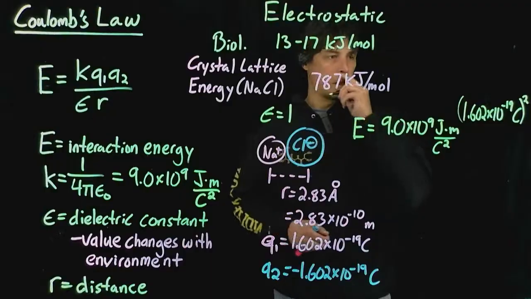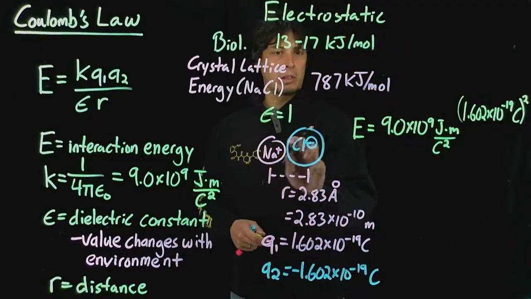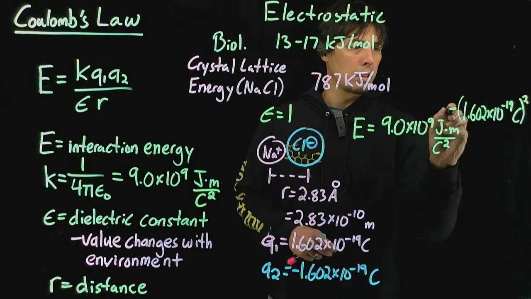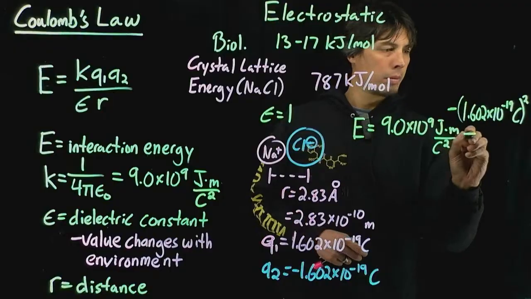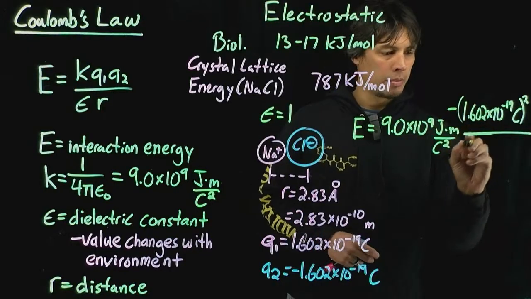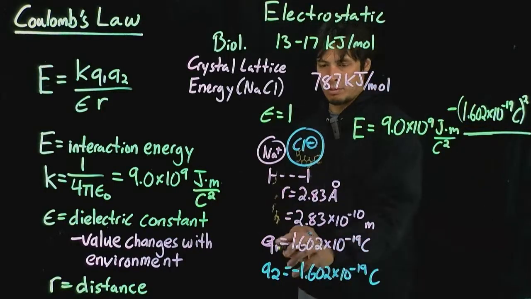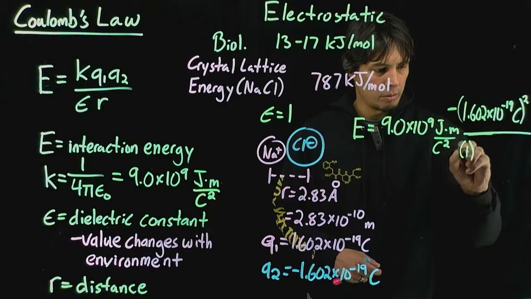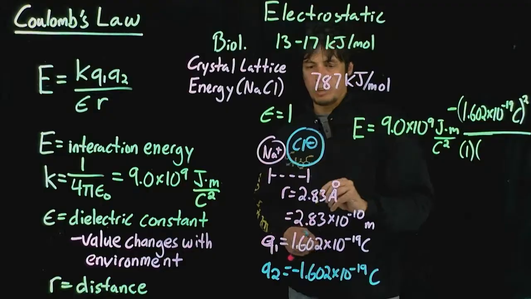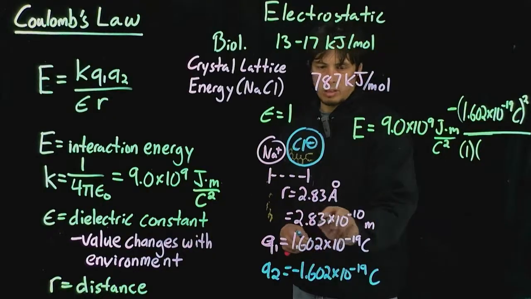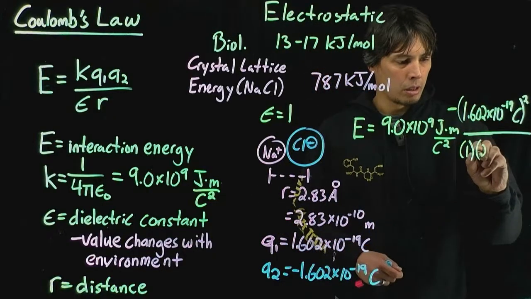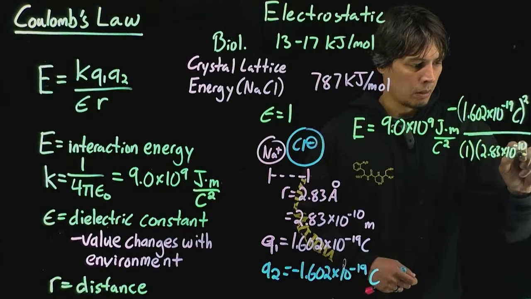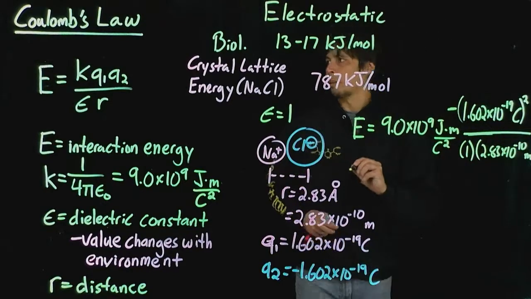And then there's 1 plus and 1 minus, so plus 1 times minus 1 is negative, so this is going to have a negative value on the outside. And then our dielectric is 1, we're going to leave that there, and our R is 2.83 times 10 to the negative 10th meters, okay?